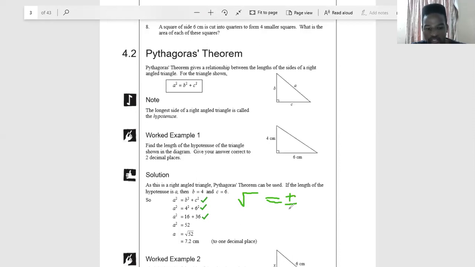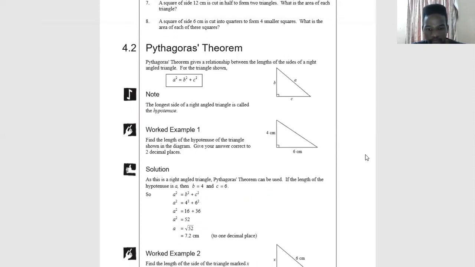They are always positive. So that's why they didn't even bother here to put a plus minus sign. So you'll also get a mark for understanding that you should square root, then for the final answer, just pressing your calculator. So that's easy, guys. That's how you apply the theorem of Pythagoras.